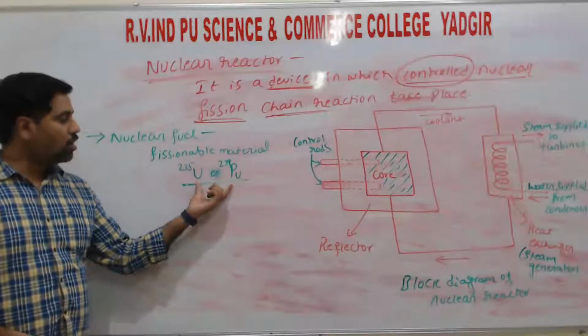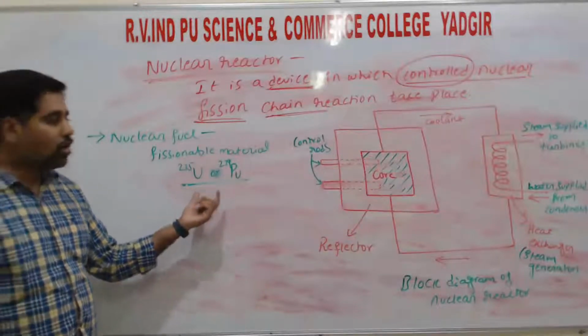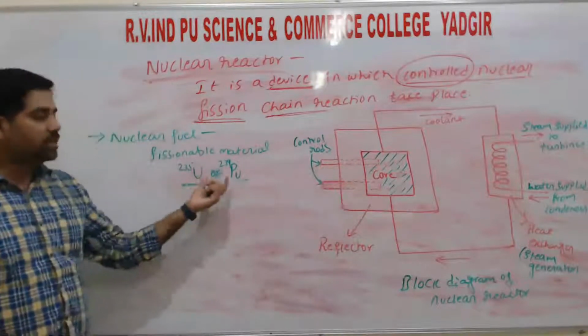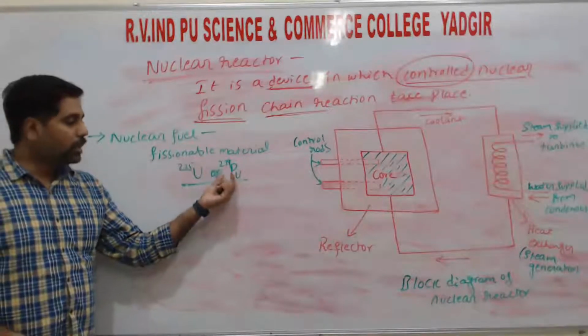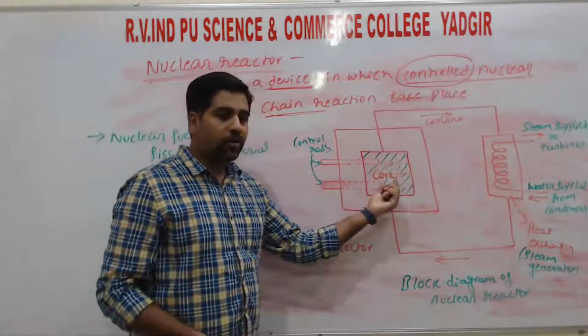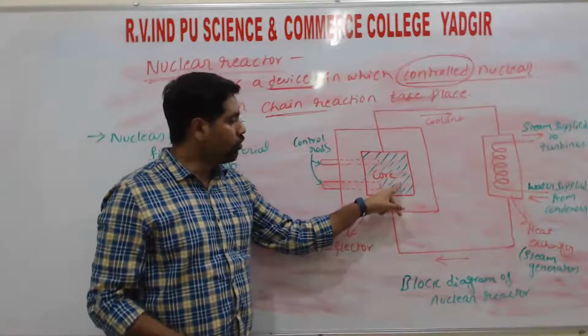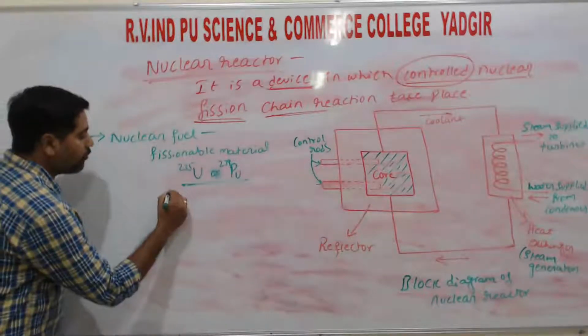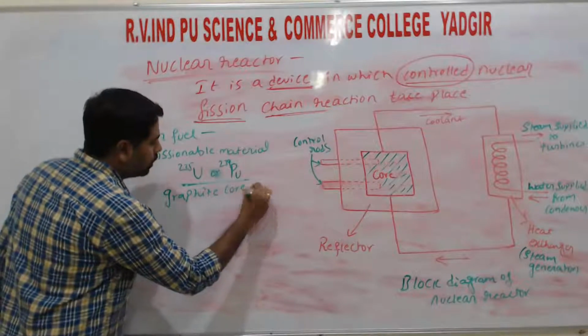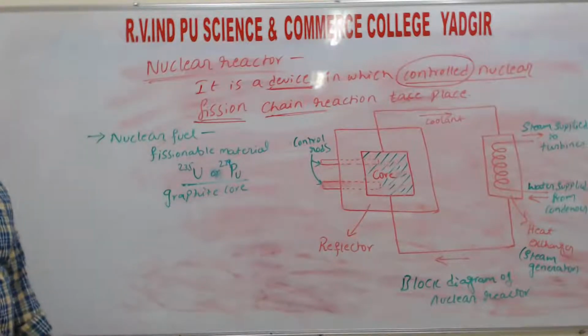These are placed inside long cylindrical aluminum tubes, and that is covered with the graphite core. So this one is about the nuclear fuel.